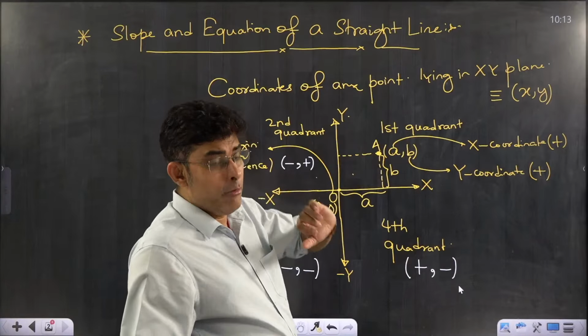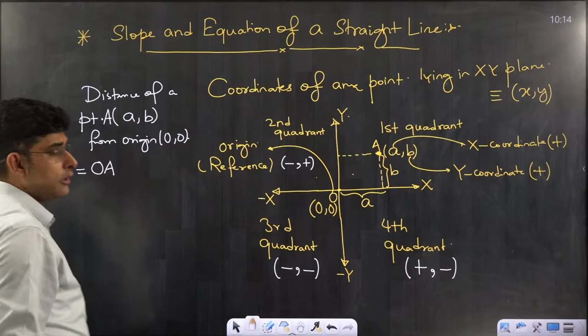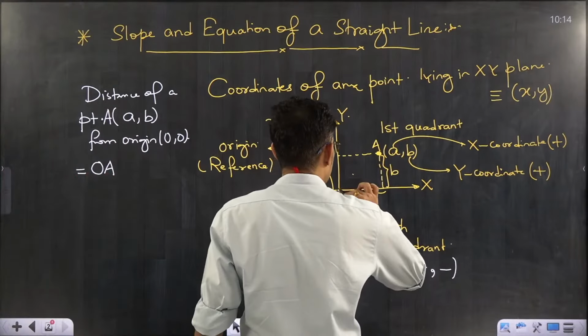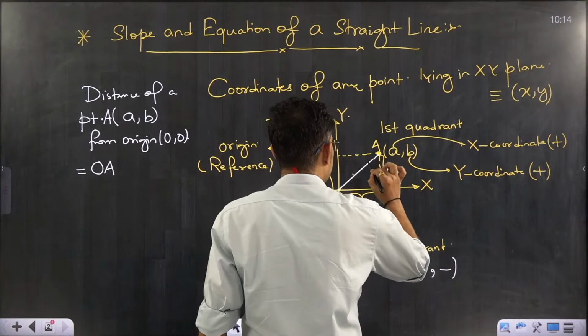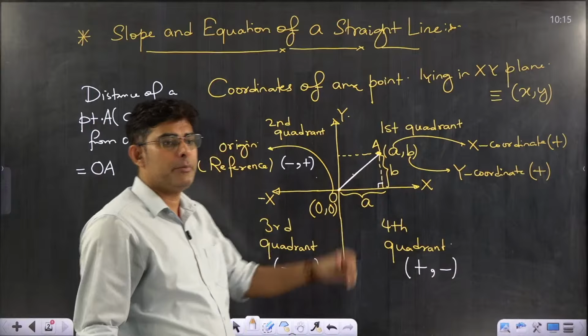So when we have a point like this, two important things. If I say the distance of a point whose coordinates are, say, A, B from origin, origin is always represented as 0, 0. So if I take a point A, and I am measuring from origin, and I denote this distance as OA, then by Pythagoras theorem we can directly write OA will be under root of A square plus B square.